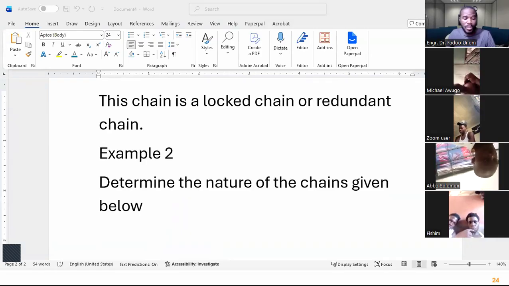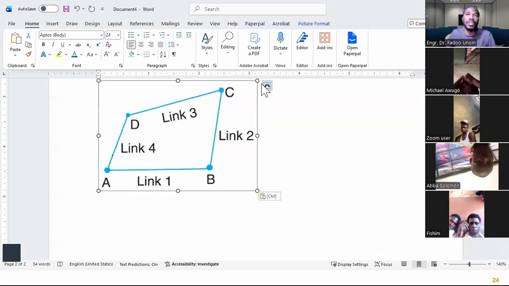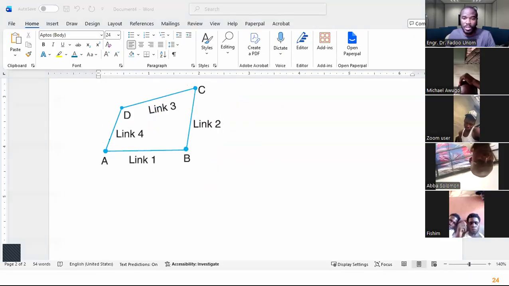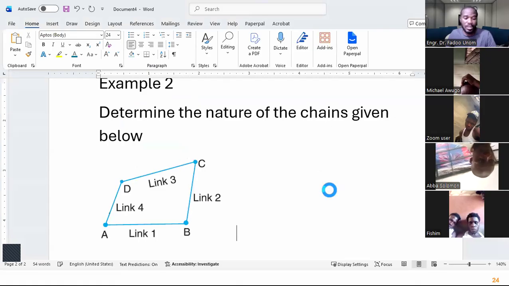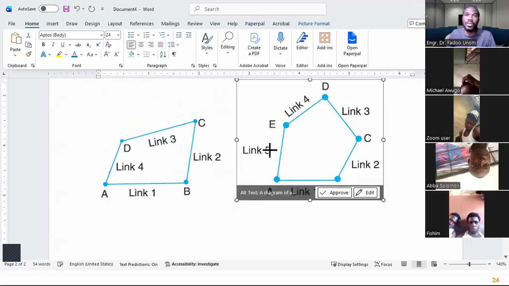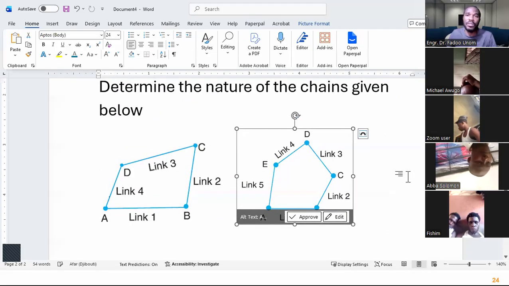I'm going to copy and paste here. That's the first chain. Let me reduce it a bit so I find space for the second one. And this is the second chain. Can we see both chains?